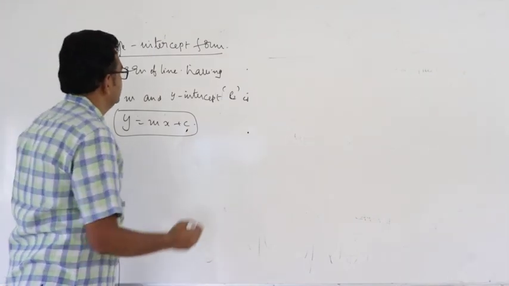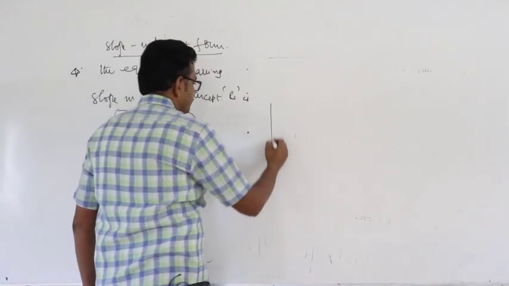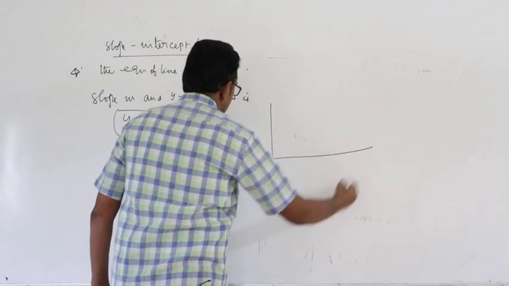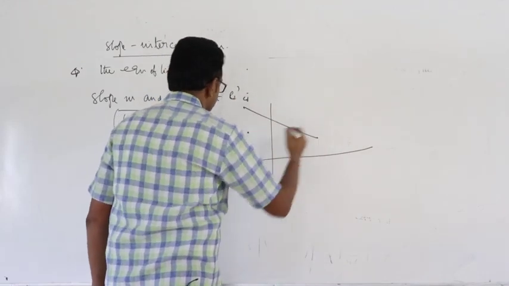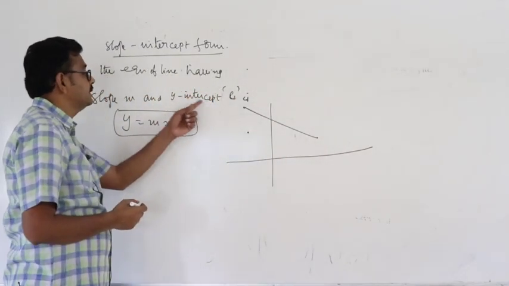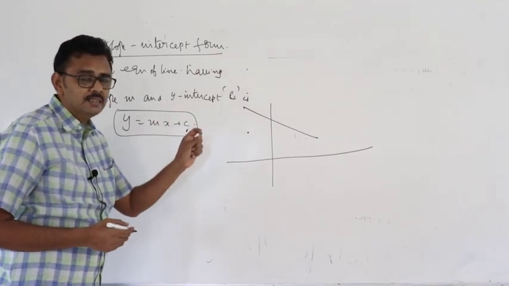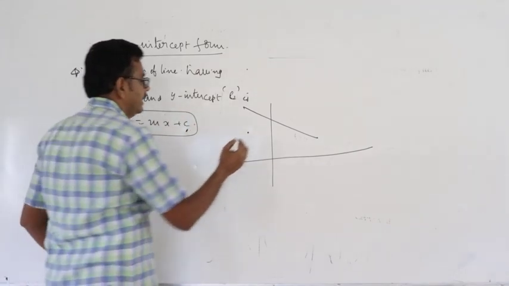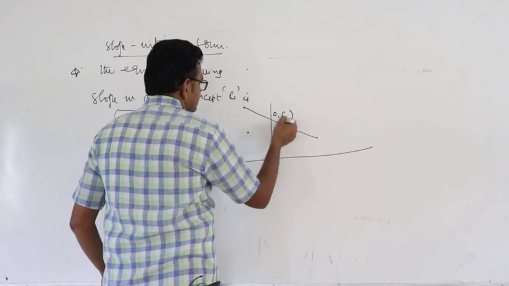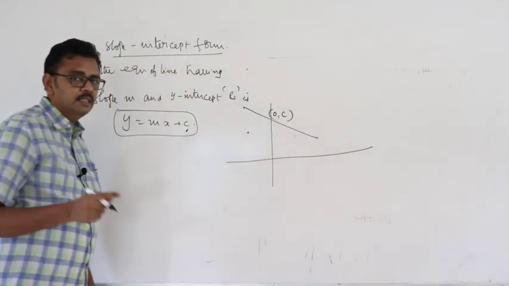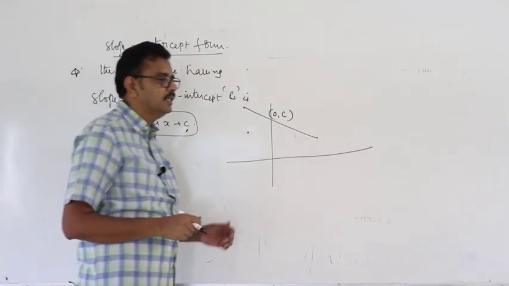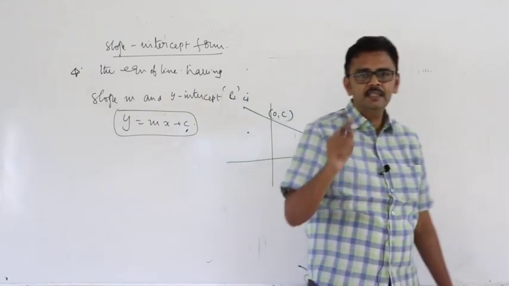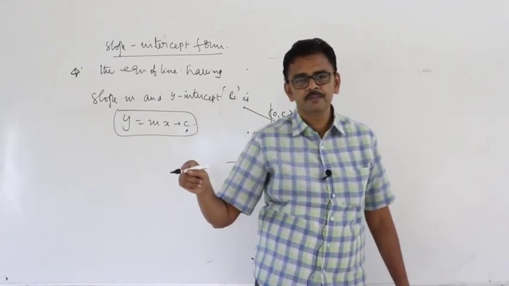Equation of straight line having slope m and y intercept c means what? The line cuts y axis at 0 comma c. X intercept a means what? The line cuts x axis at a comma 0.